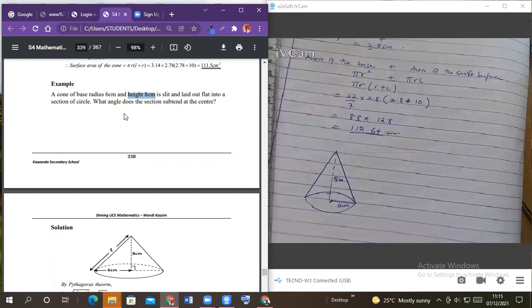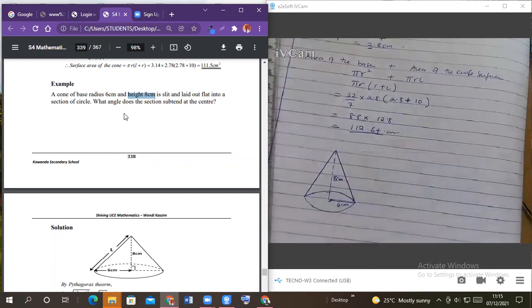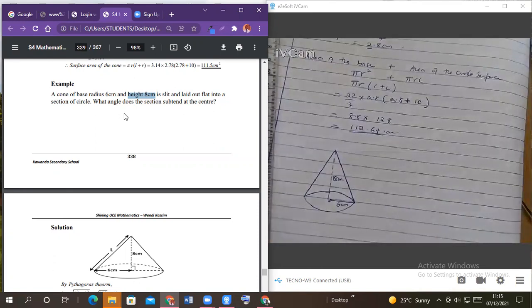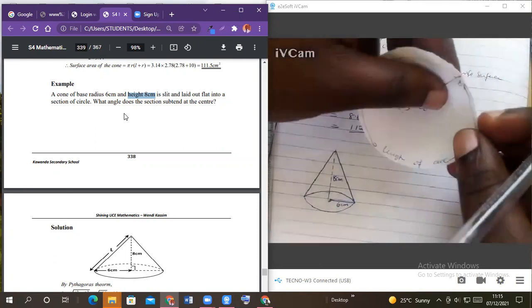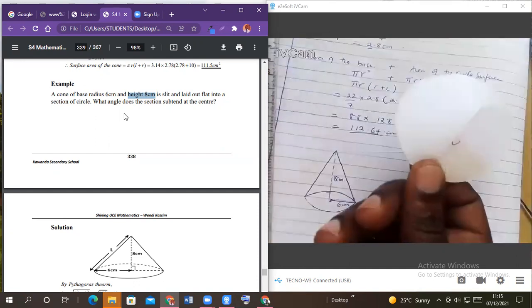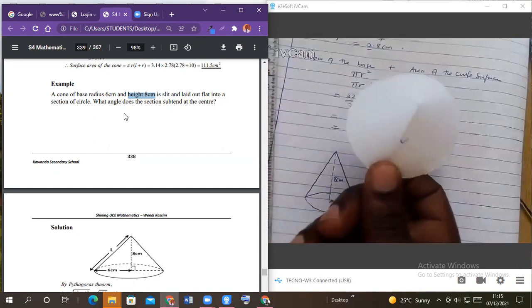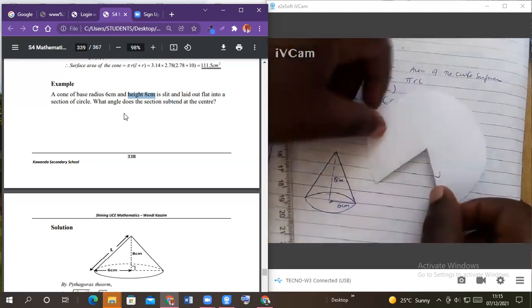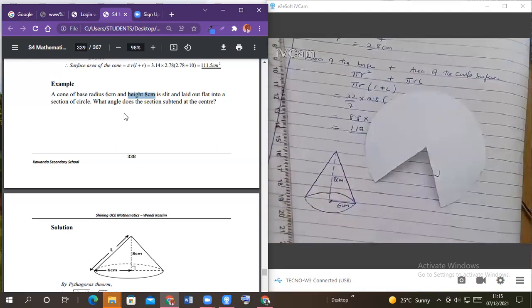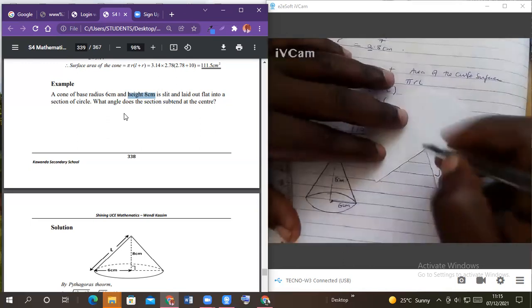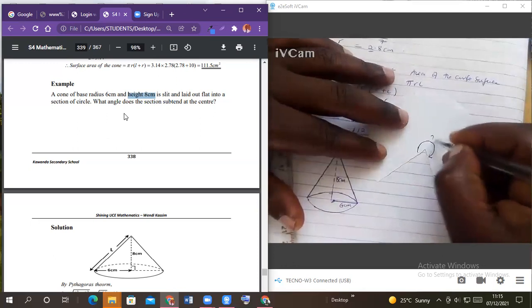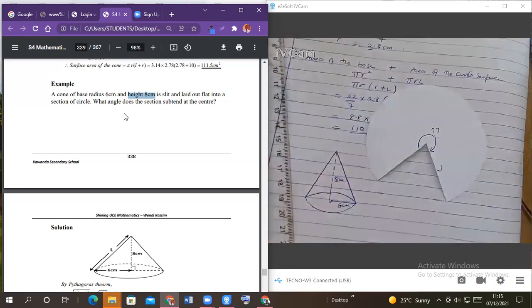Afterwards, the cone was cut and changed back into a section of a circle like that. They're asking for the angle subtended at the center.